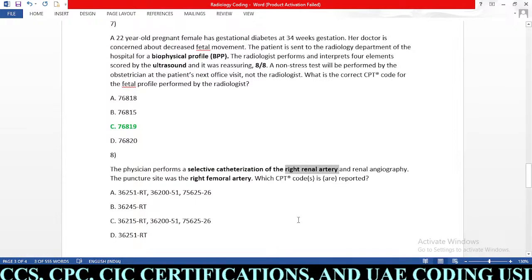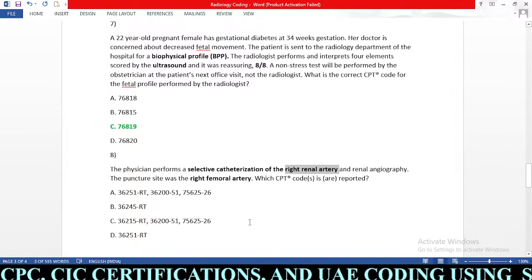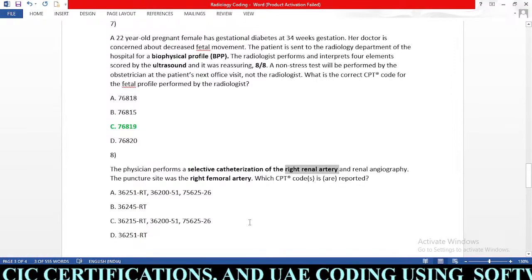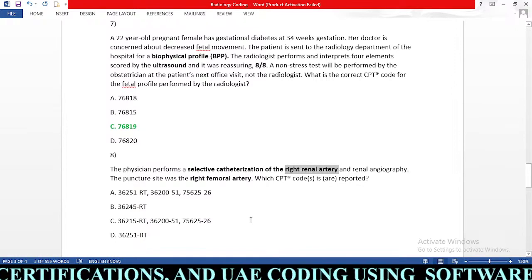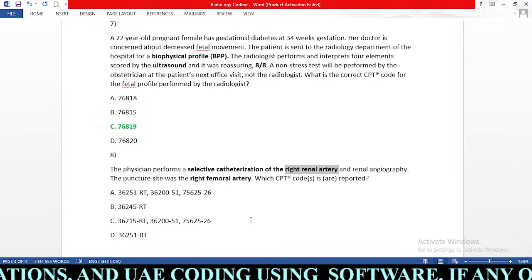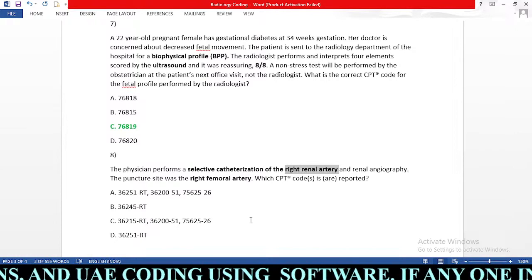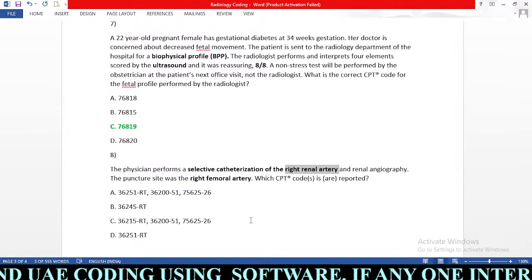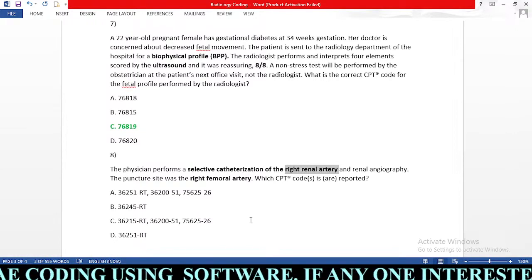So here, based on the IVR guidelines, we need to code 36251. If you check 36251, it includes selective catheter placement, first order.